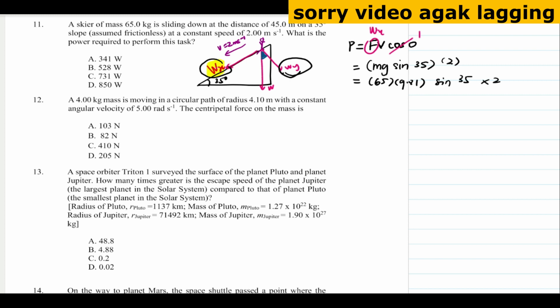So you akan dapat jawapan 731.5. Okay, saya dapat 731.5. So dapatlah jawapan iaitu C.